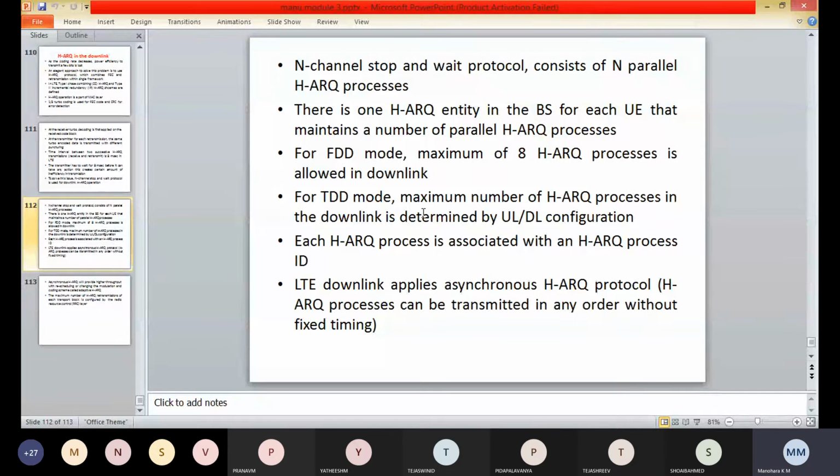The maximum number of HARQ processes in the downlink is determined by the UL and DL configuration. I have one table, I will draw it on the whiteboard. Wait for a minute.